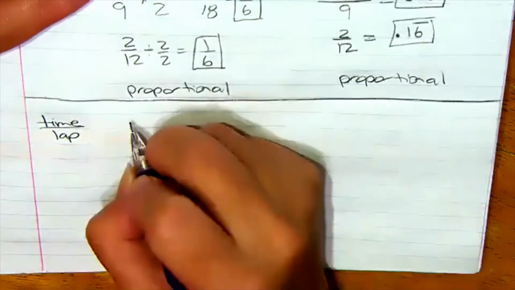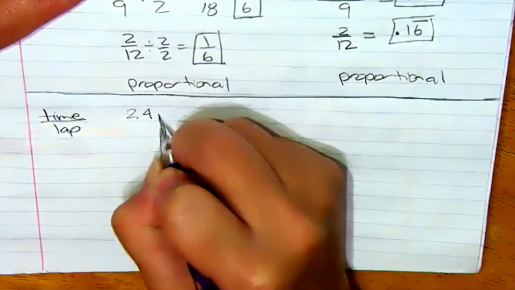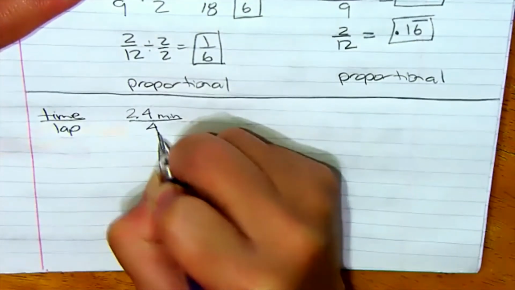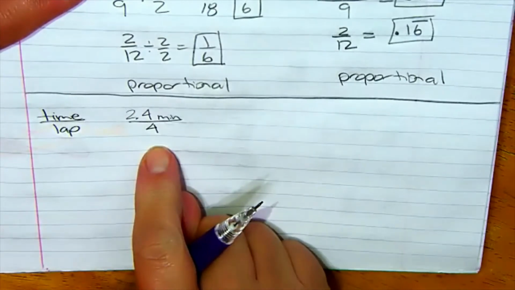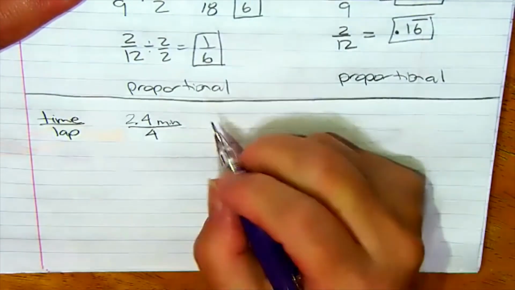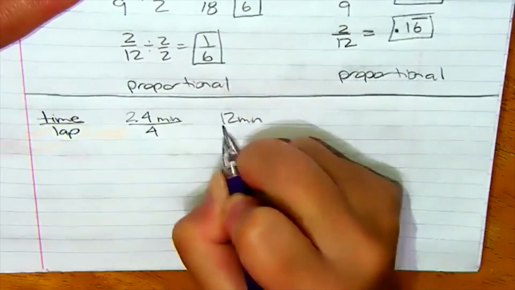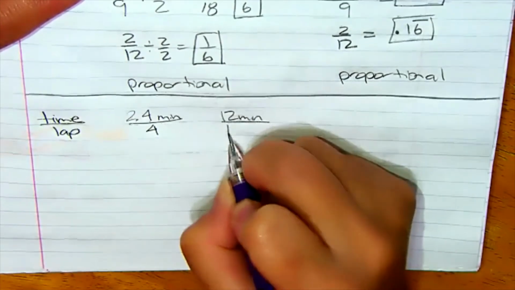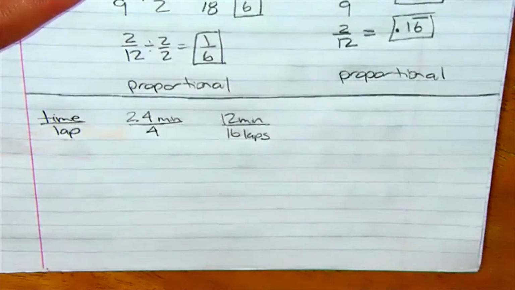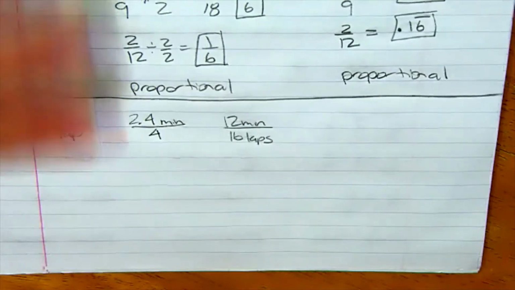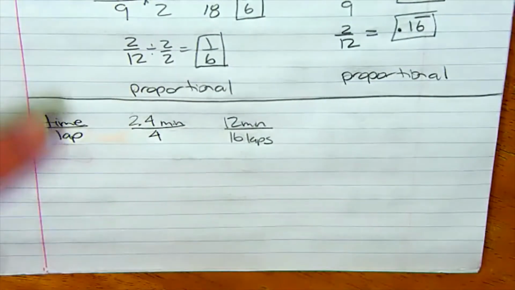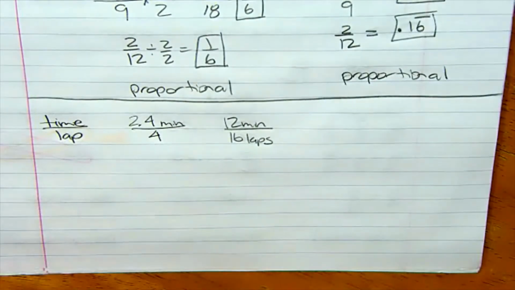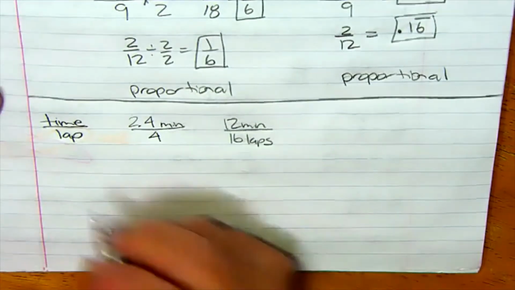So my time was 2.4 minutes for 4 laps. Is this proportional to 12 minutes for 16 laps? And if you had flipped it laps over time, that's okay.